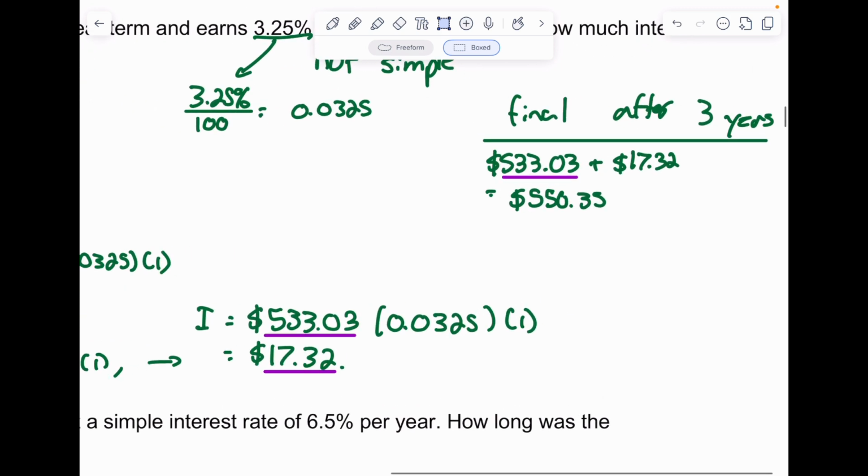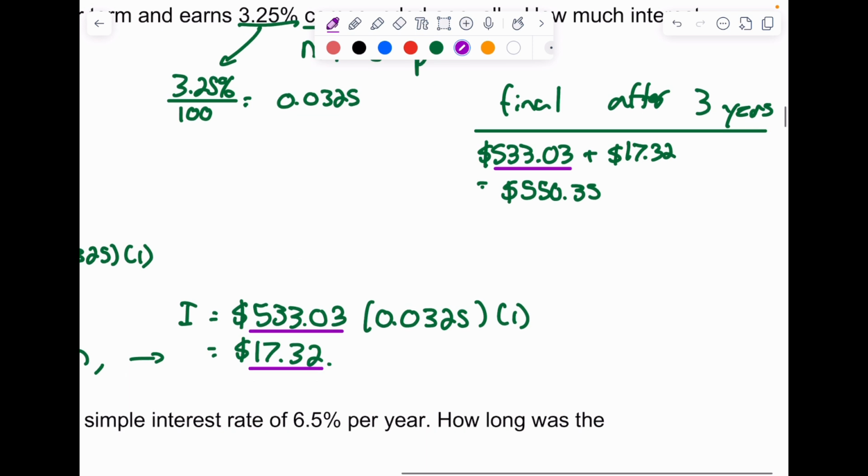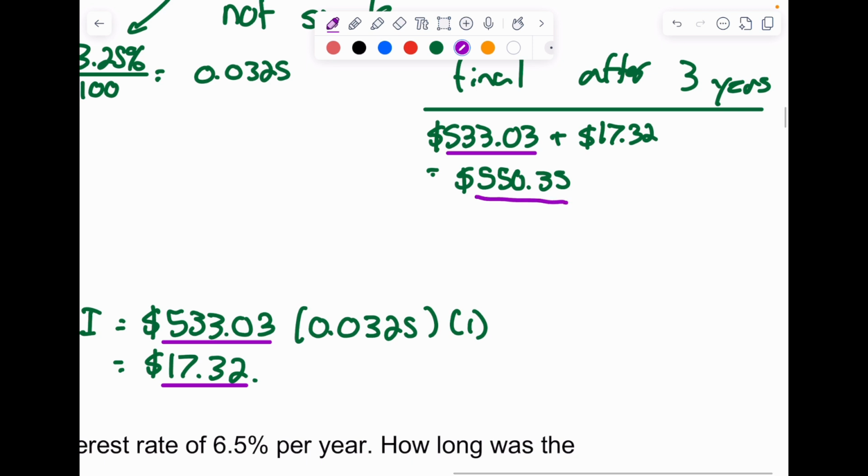Okay, if the question is saying how much have you earned in interest, well, the only thing that's making you money is the interest, right? And if you started this whole problem with $500, if your initial amount was $500, interest is the only thing making you money, well, how much money do you think you earned? Well, take this amount right here and subtract your initial. Your total minus your initial equals your interest earned.